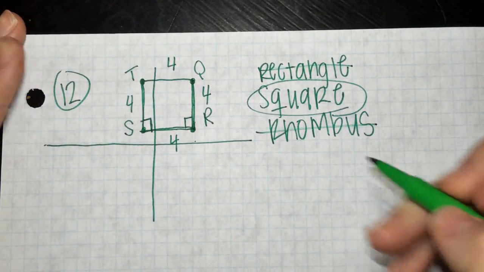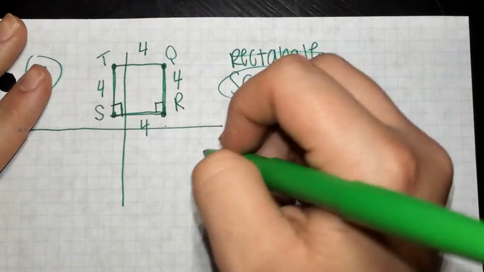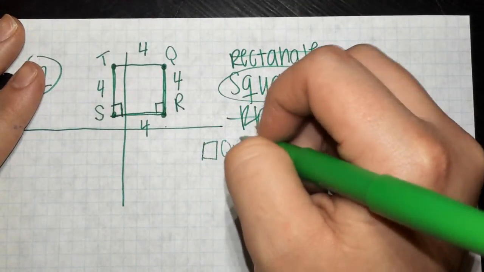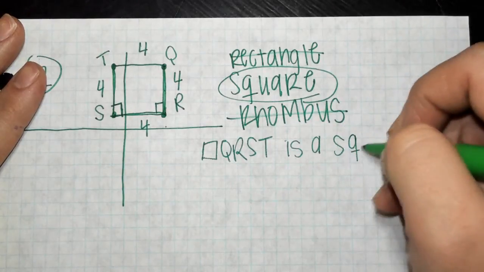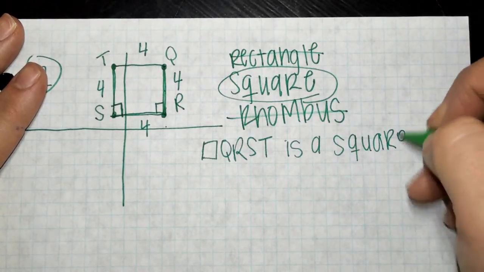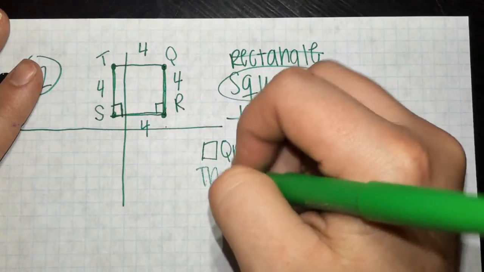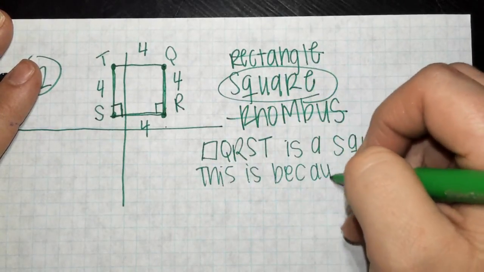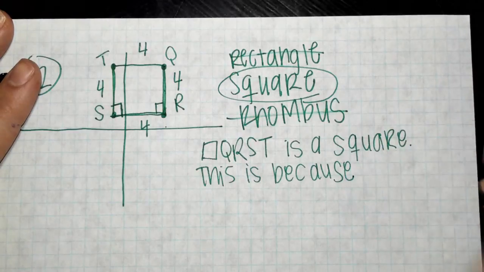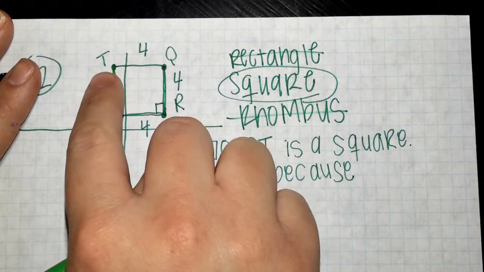Notice it says explain. Quadrilateral QRST is a square. This is because you have to list 2 things. You can't just say 90 degree angles. Why?